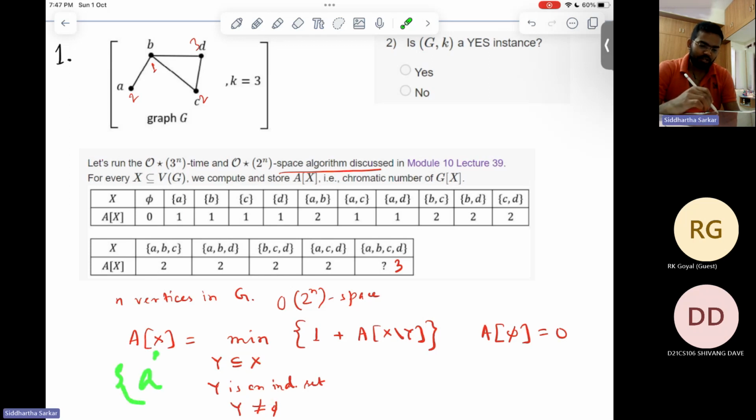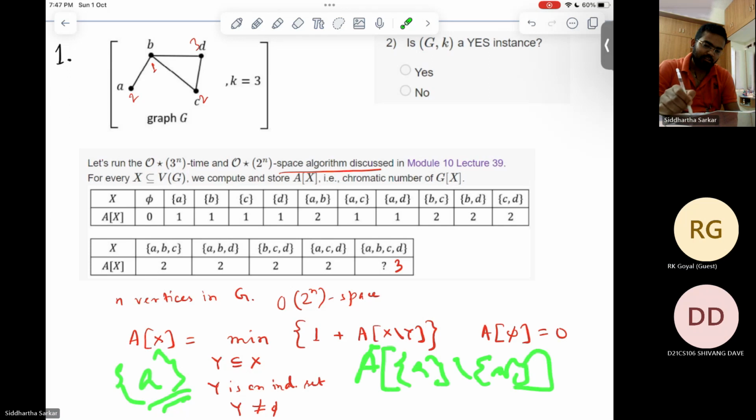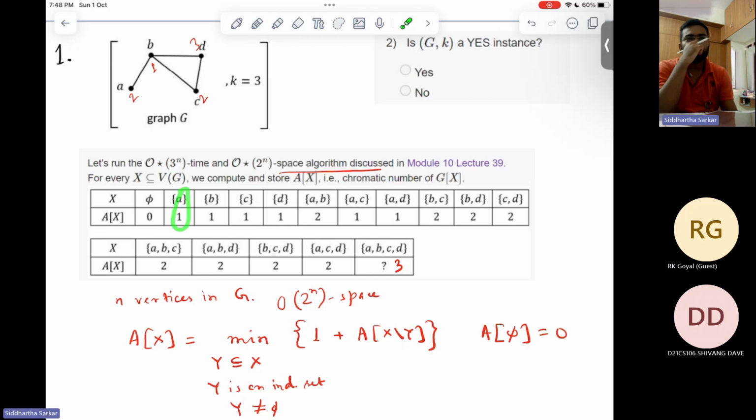Then A itself is an independent set, right? So you take A of A minus A, that is phi. A of phi is 0, so 1 plus 0. That is the reason it is 1. For every singleton set, these values are 1 because we have a similar argument.